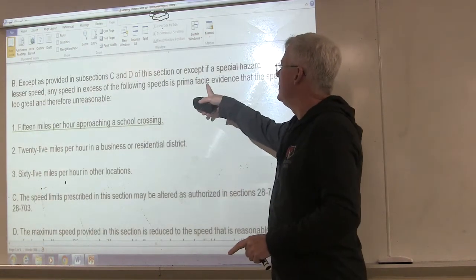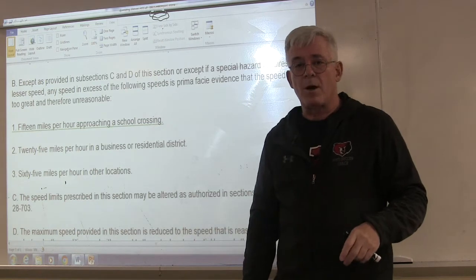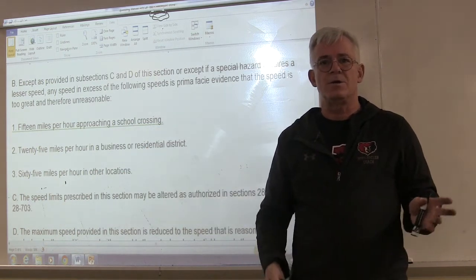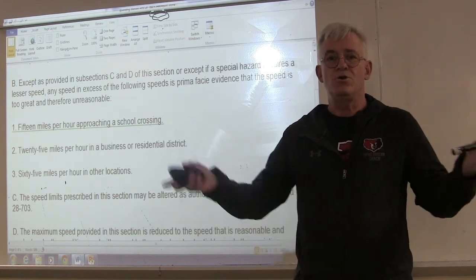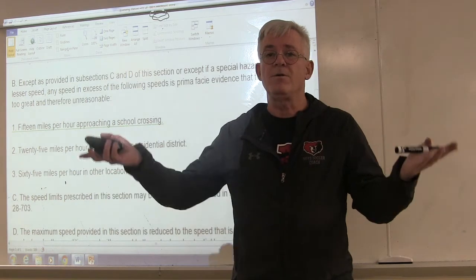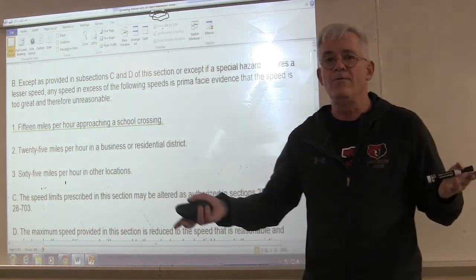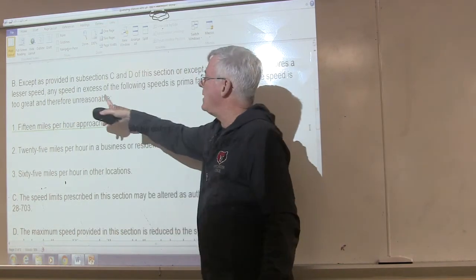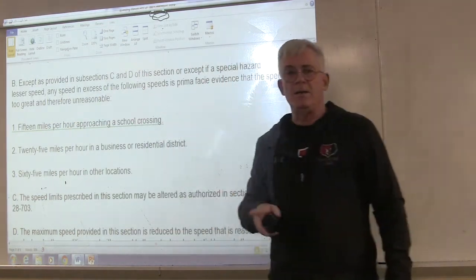prima facie rule. Okay, cop and prosecutor, when you go into court, you don't have to present all this evidence on unreasonable driving. All you have to do to meet your burden of proof and shift the burden to the defendant is to prove that he was going any speed in excess of the speed limit, right?